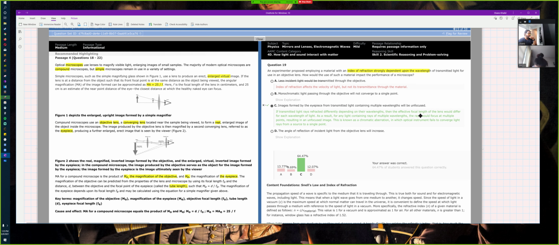Now, they also try to trick you by asking about less light or more light. Sometimes they'll ask a question about photons of a certain frequency or wavelength bombarding some element, causing its electron to go from a ground state to an excited state.